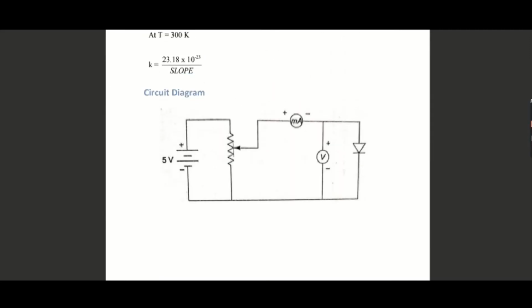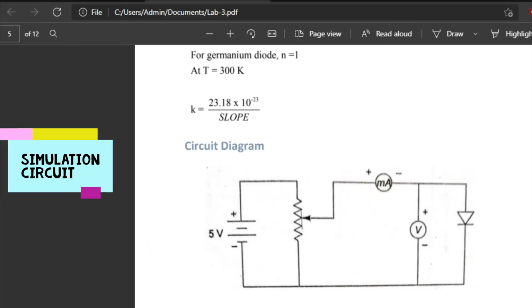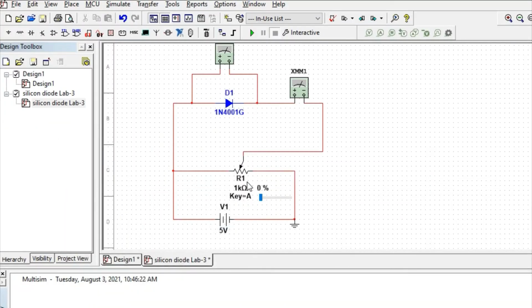Before going to the result, I am going to show how the circuit is drawn in Multisim. Here I have simulated the whole circuit as given in the presentation. This is a potentiometer we are going to use so that we can vary the current through this part.